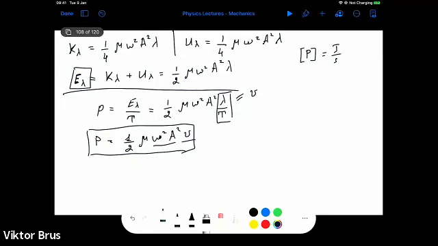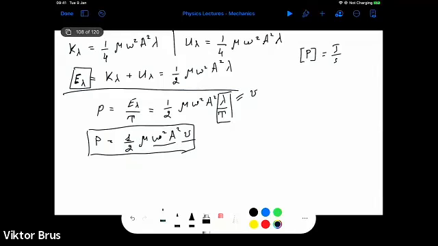So if we take, for example, sound waves, which we will consider in more detail in the near future, that corresponds to the frequency of the sound wave, and amplitude is the maximum and minimum value of pressure in air which the sound wave creates.